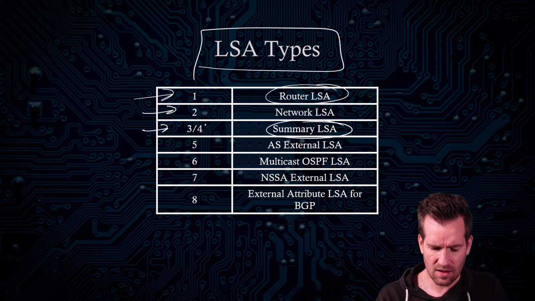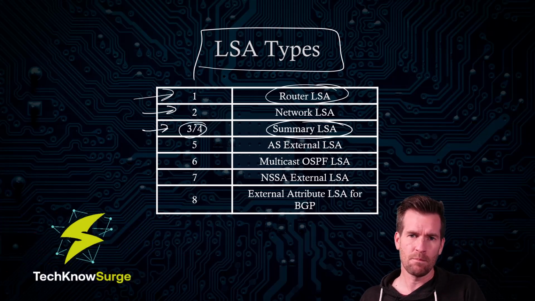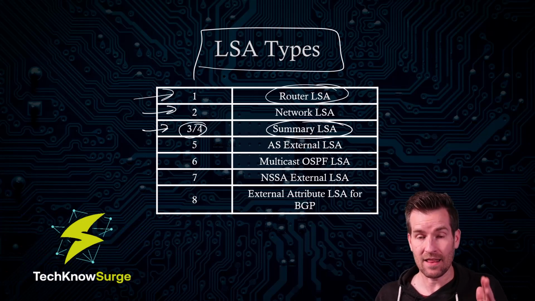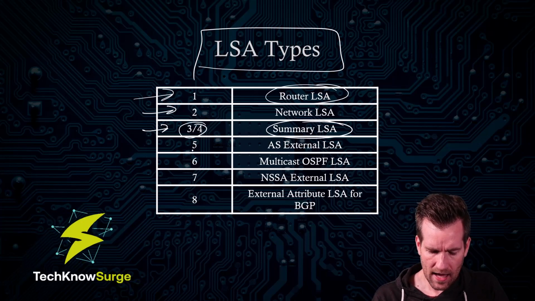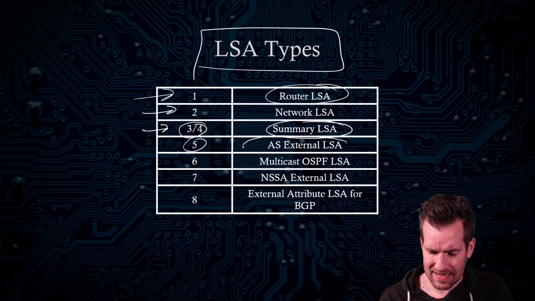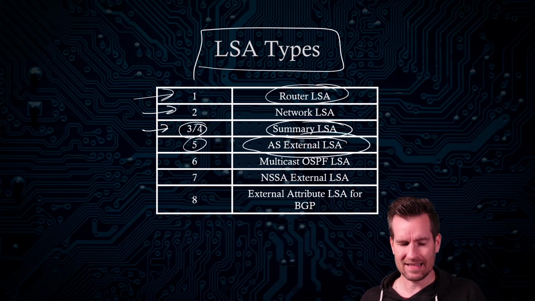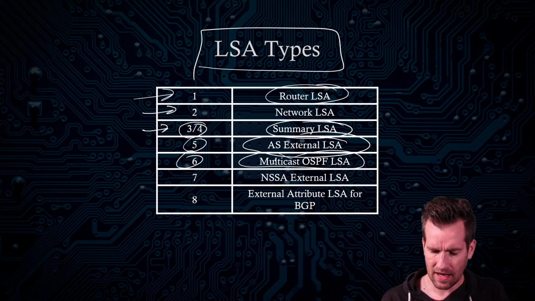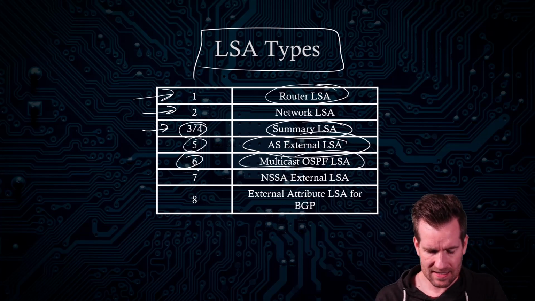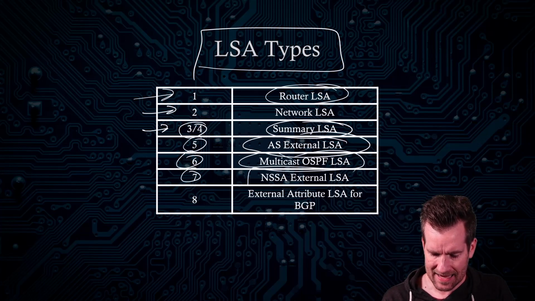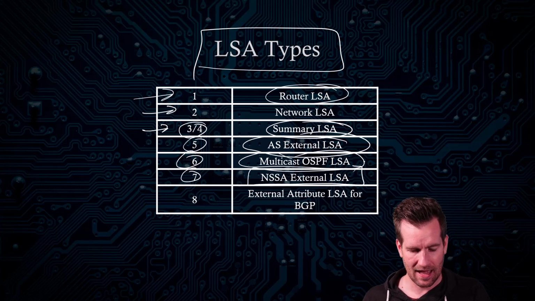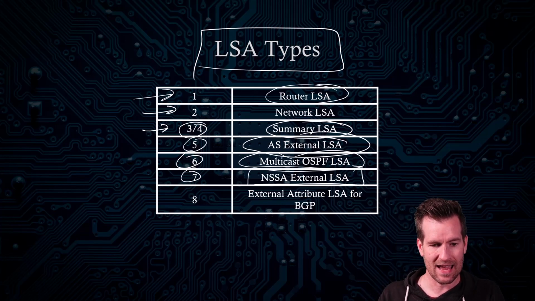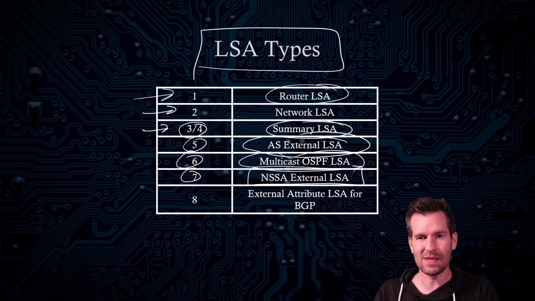Now, these 3 and 4 are a little different, but for the most part, we're just going to call it summary LSA. We have a 5, which is autonomous system external LSA. We have a 6, which is a multicast OSPF LSA. We have a 7, which is an NSSA external LSA, where NSSA is a not so stubby area.